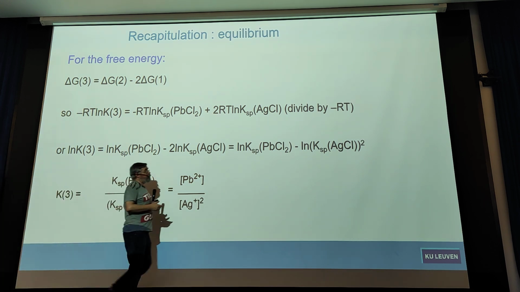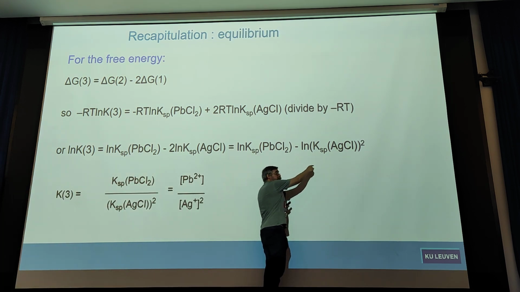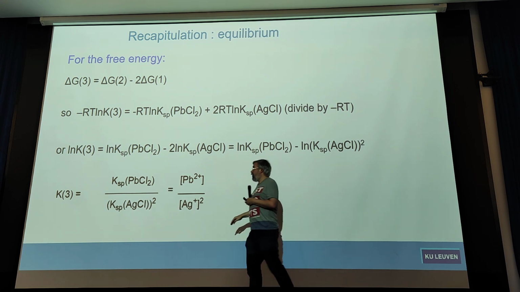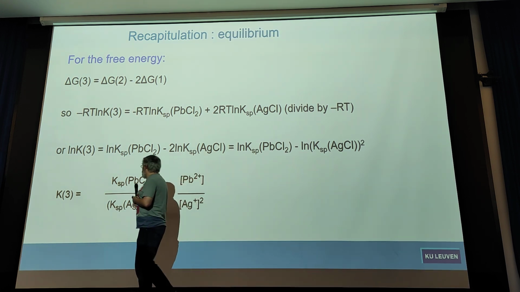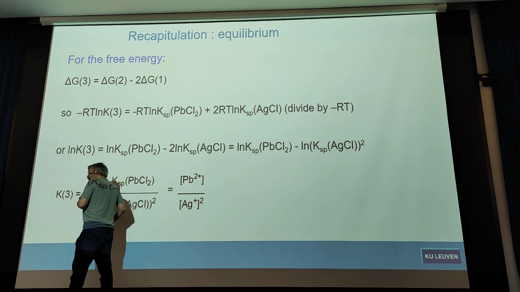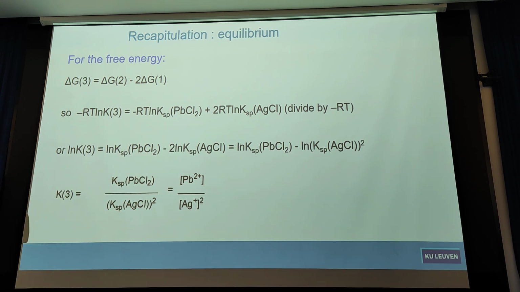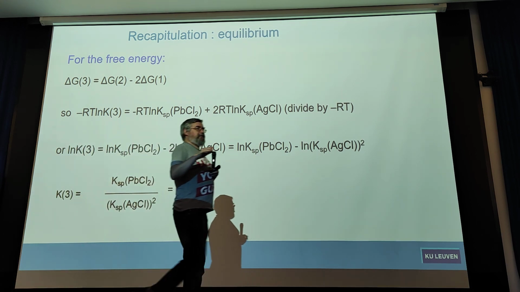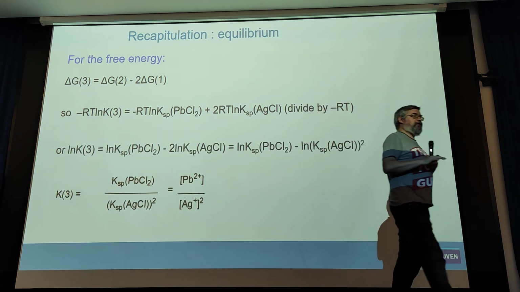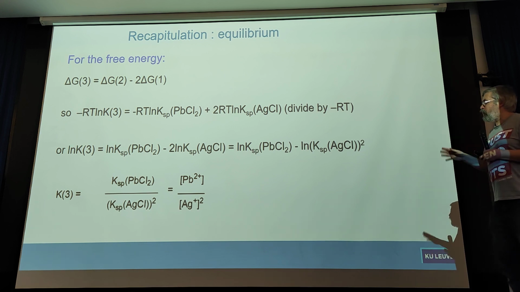And because there's a minus, this is the reciprocal, so we divide over this, and it's the square, because we already have that. If you take the logarithm, it's the same thing: the logarithm of A over B is logarithm A minus logarithm B. So this is how we arrive at it. I'm sorry if I bore you with this simple mathematics, but some people sometimes have problems with it.